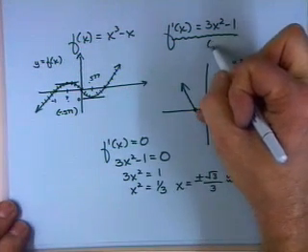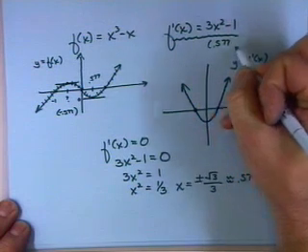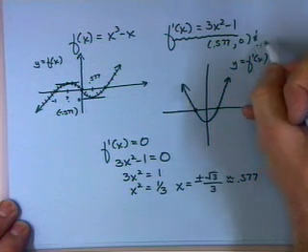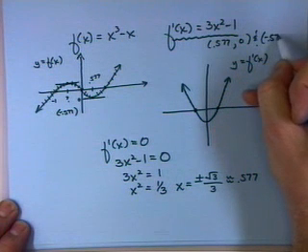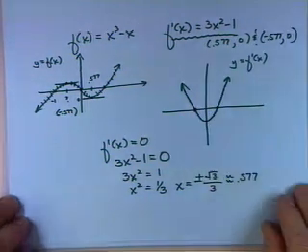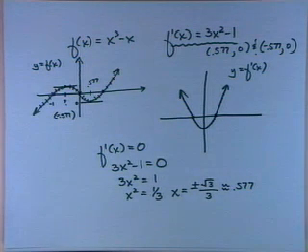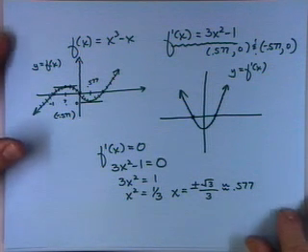So that's a point on this derivative graph. Those are the two x-intercepts on the derivative graph. Okay, that's belaboring that one enough. Let's go on to the next one.